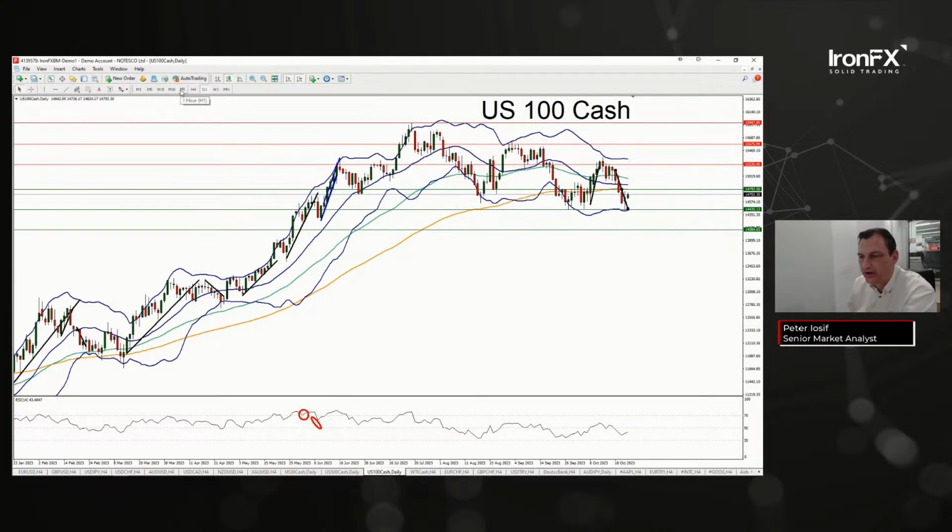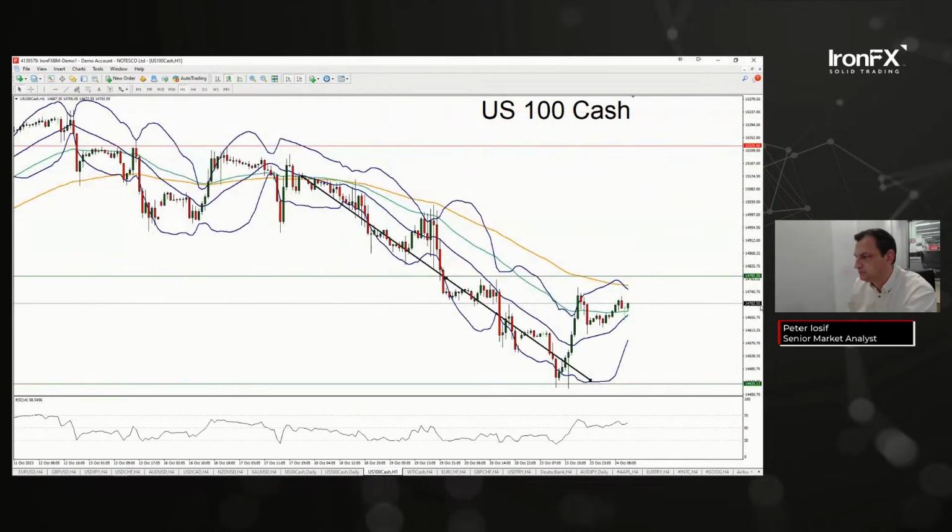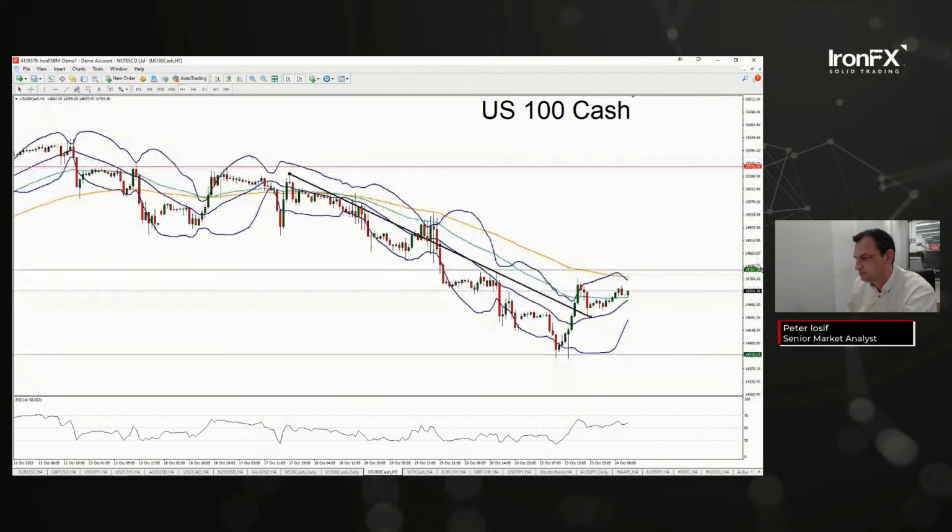Let's drill into the 1-hour chart for more details. And definitely we have to correct this. There you go.